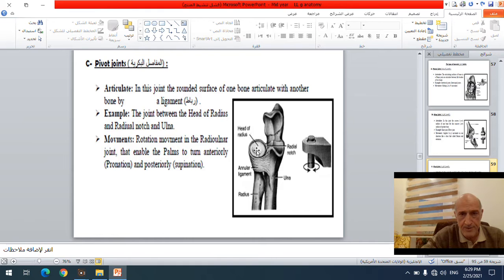This is the head of the radius. This is the radial notch of the ulna. Movement, rotation, in the radio-ulnar joint that enables the palm to turn anteriorly, pronation, and posteriorly, supination.